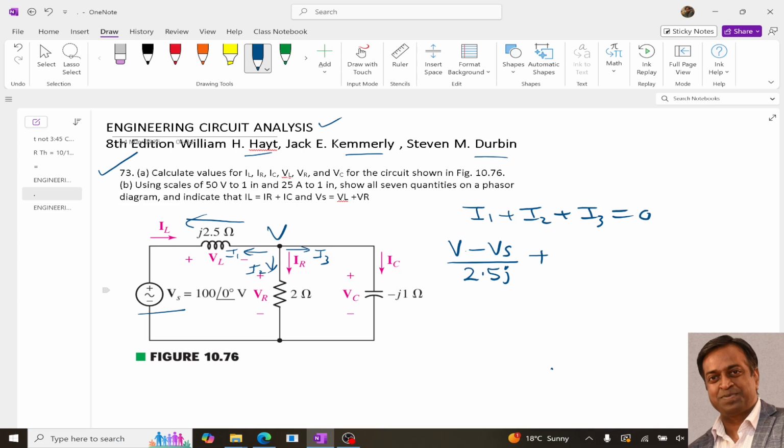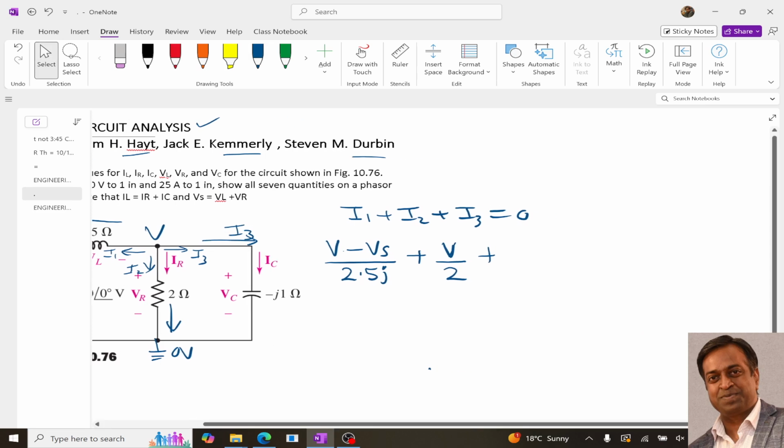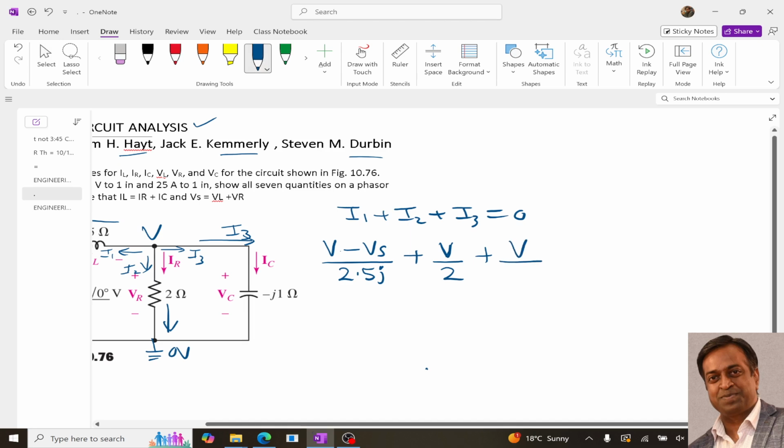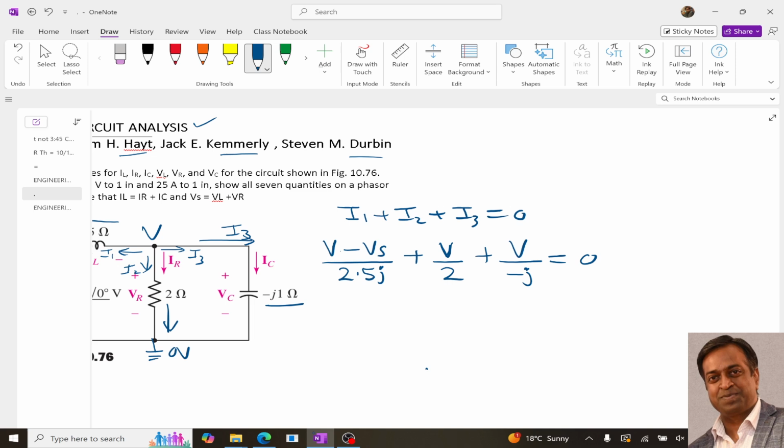I2 is the current flowing through this 2 ohm, so it will be V minus 0, because this is 0 volt, so V upon 2. I3 is this current, so it will be V upon the impedance, which is minus j, equal to 0. Once we get this equation, we will try to solve it.